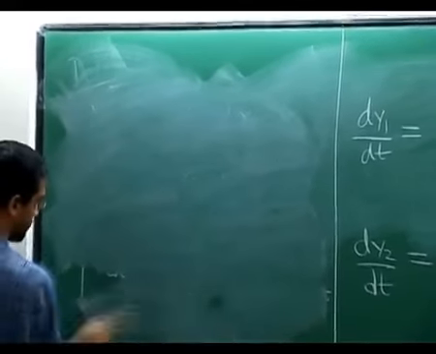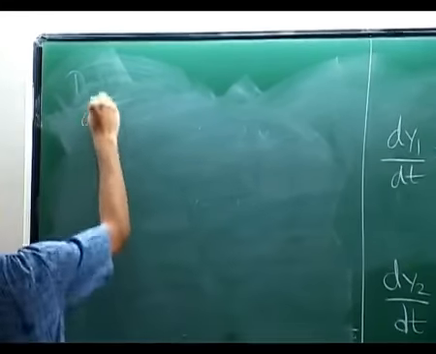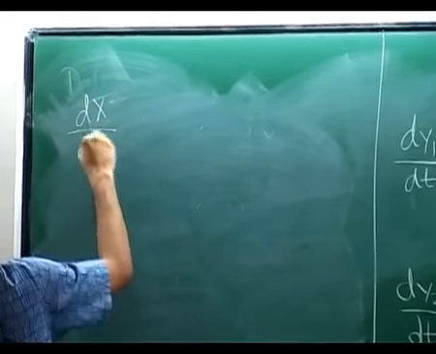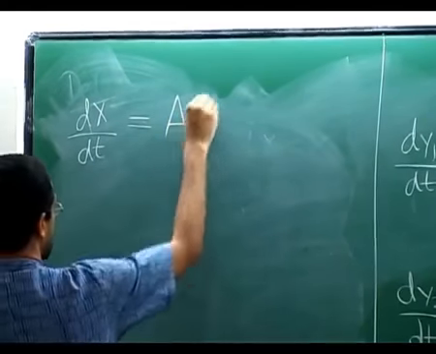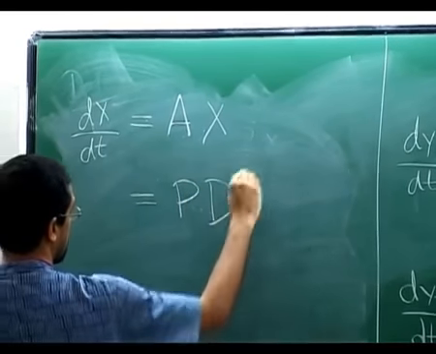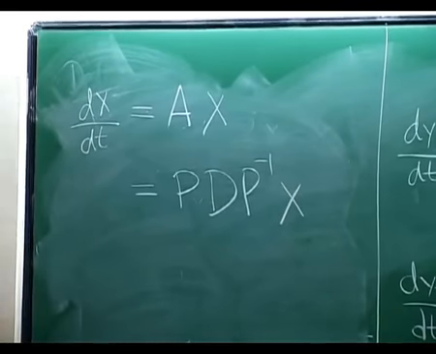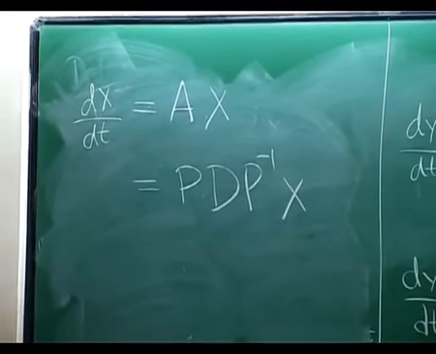So let's go back and write our system of equations. It looked like dX/dt is A times X, but A I am going to write as this more convenient decomposition, PDP inverse.